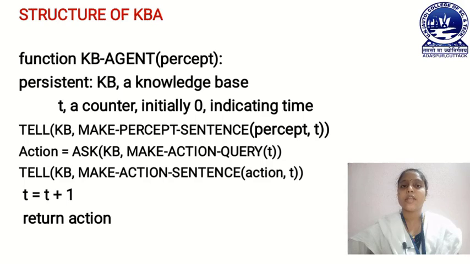These 2 operations are tell and ask, and the 3 functions are: first, make percept sentence, which tells the knowledge base about the current input perceived from the environment; next, make action query, which asks the knowledge base what action should be performed; and the last is make action sentence, which tells the knowledge base which action is selected and executed.